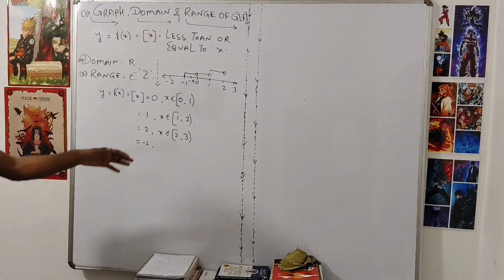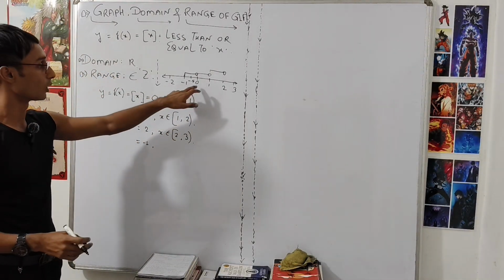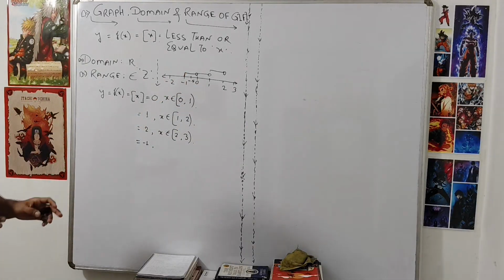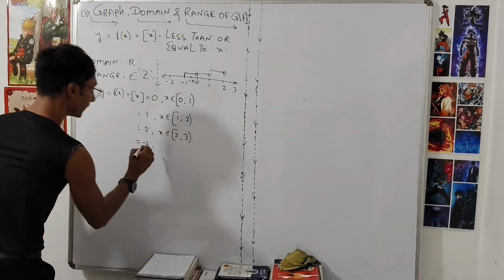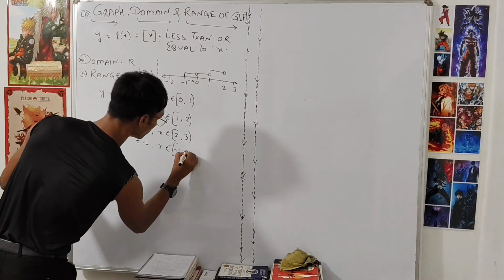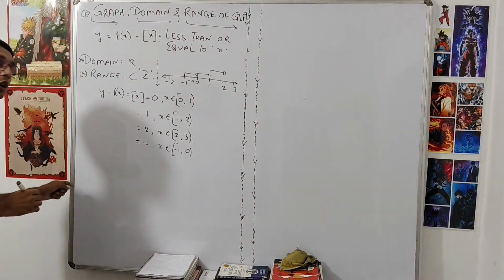And what is the previous integer value? It is -1, not 0 itself, because 0 is greater than minus 0.5, okay? That's why x should belong to -1 closed to 0 open.